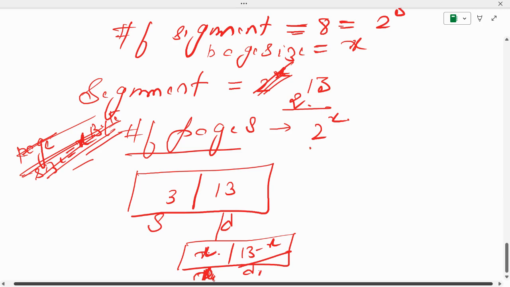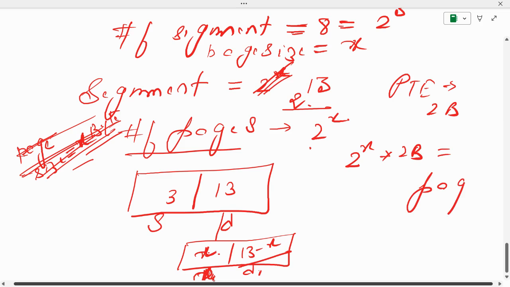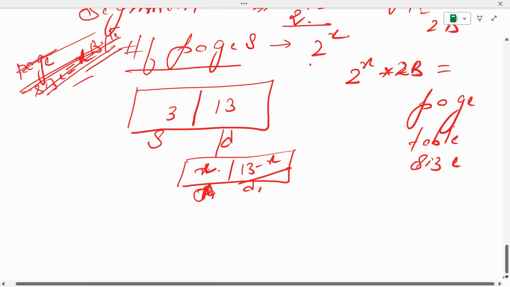Now we are given that the PTE, that is page table entry, is 2 byte. So 2 raised to the power x into 2 byte becomes equal to the page table size, right? So this is equal to each page table size. Now we are given that the page table size is equal to the page size of the segment.